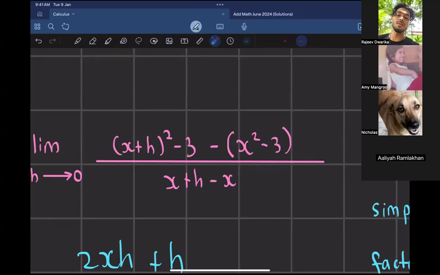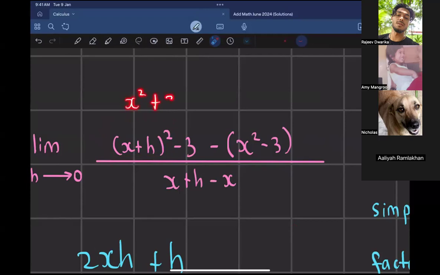And Aaliyah, you've been awfully quiet. Yeah, expand the brackets. What are you doing with the second bracket? I expand the first bracket, and what do you get when you expand the first bracket? x squared plus xh plus xh plus h squared.